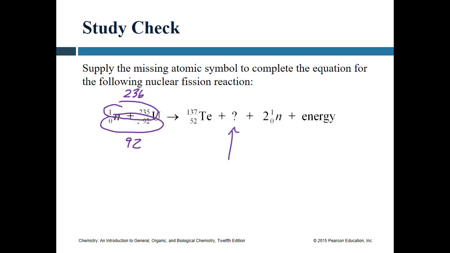So if this is what I'm supposed to have on each side, what do I have right now? Say I have 137 from the tellurium. I have whatever this is, and I have 2 from the neutrons, because there are 2 neutrons. So 137 plus 2 is 139. 236 minus 139 would give me 97.